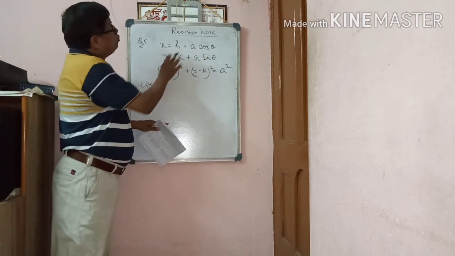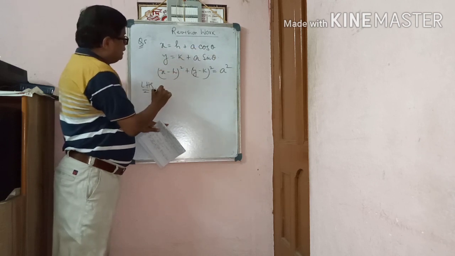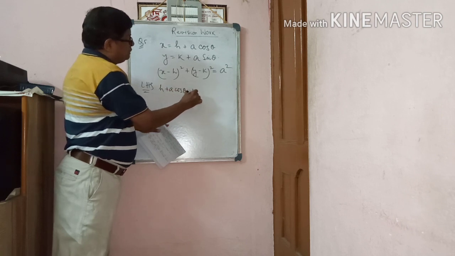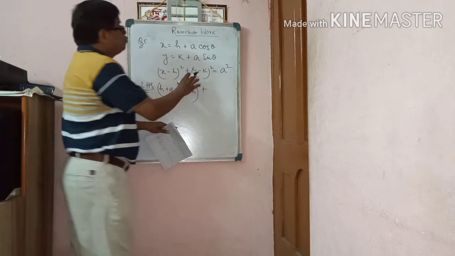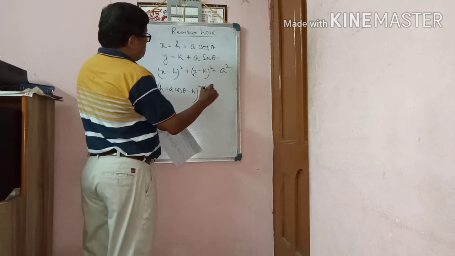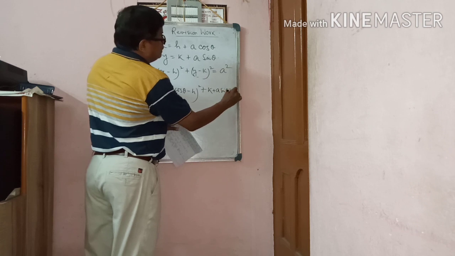Put x equal to h plus a cos theta: h plus a cos theta minus h whole square plus y, that is k plus a sin theta, minus k whole square.